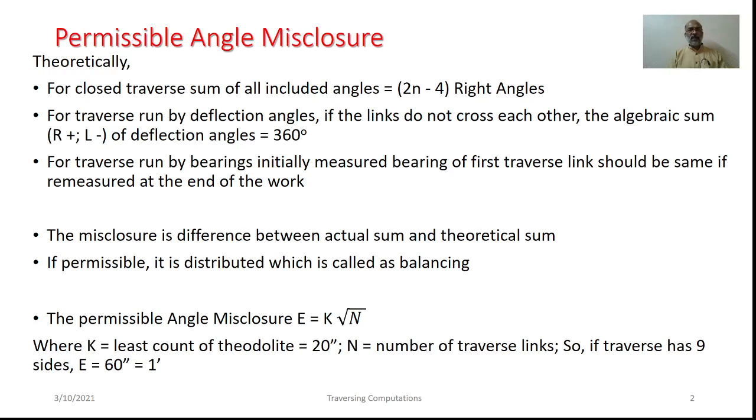Usually for Theodolite traverse, this permissible angle of misclosure is given by the expression E is equal to K root M. For an ordinary Theodolite, the least count is 20 seconds. Here it is treated as the value of K and M is the number of traverse links. So if the traverse has 9 sides, the permissible angle of misclosure would be 60 seconds, that is 1 minute.